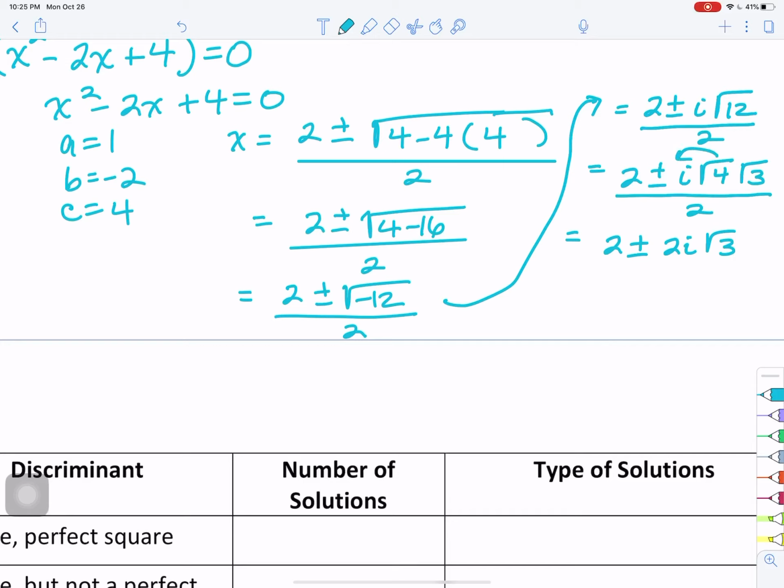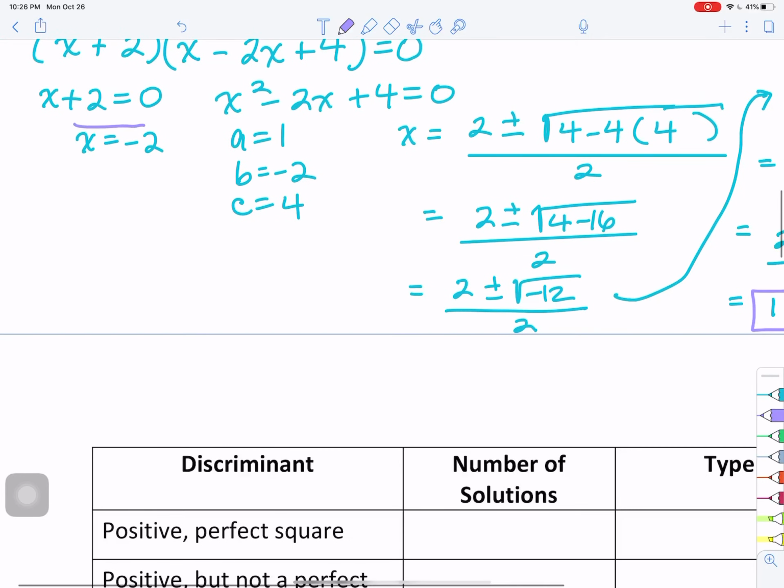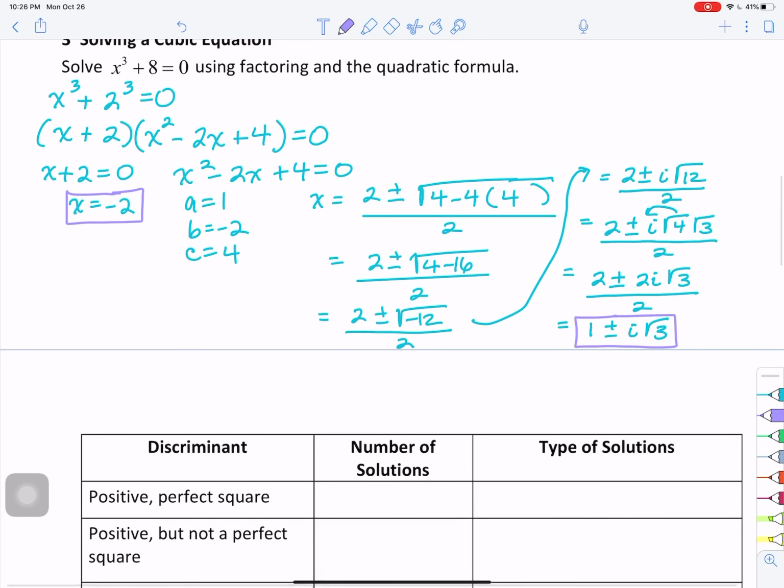Put this 2 in the front, all divided by 2. Now if we divide each one of those terms in the numerator, we get 1 plus or minus i root 3. So we have 2 solutions here and another one here. So we actually have 3 solutions.